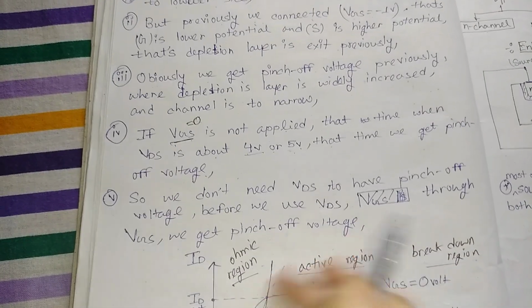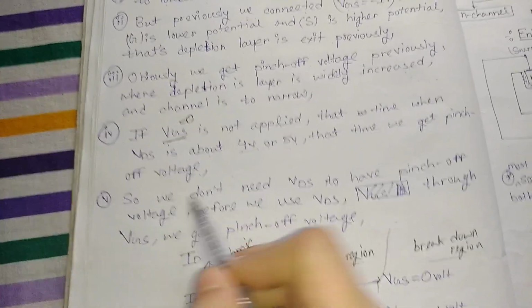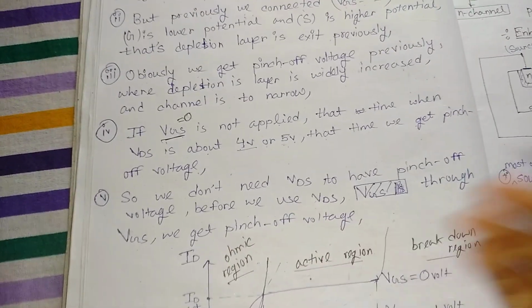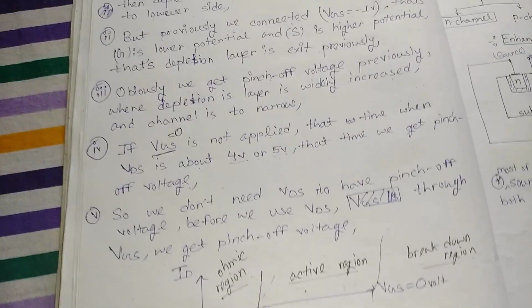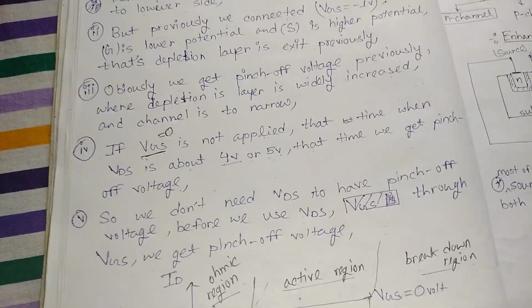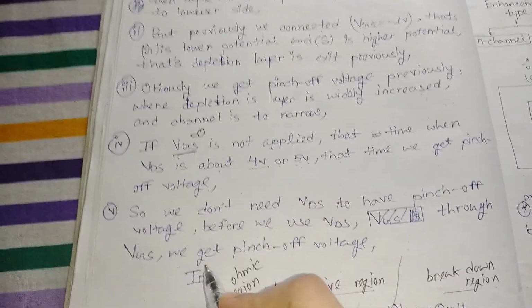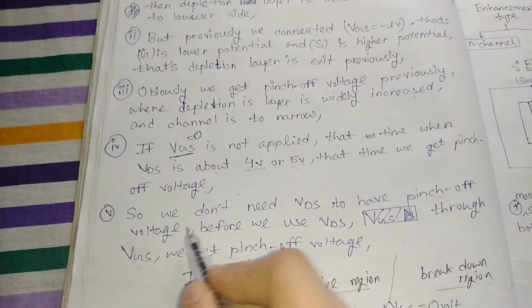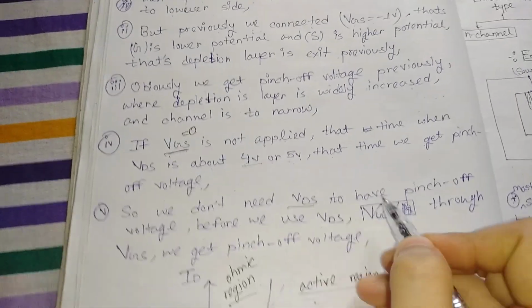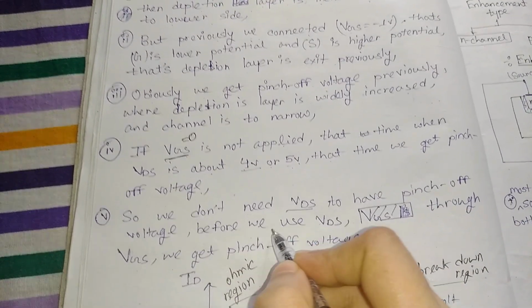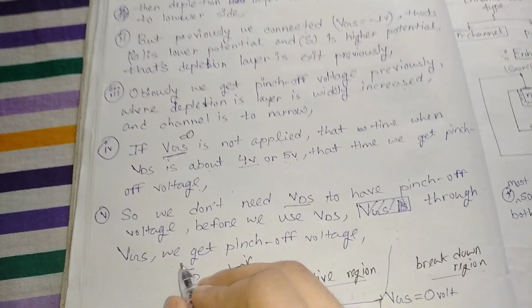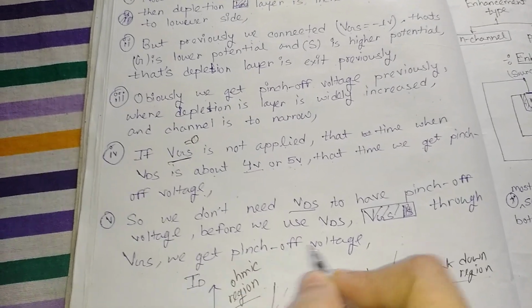But now, through VGS, we get the pinch off voltage, meaning we don't need a high VDS to reach pinch off voltage.